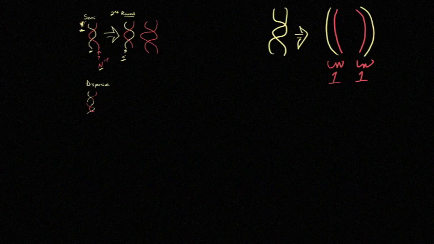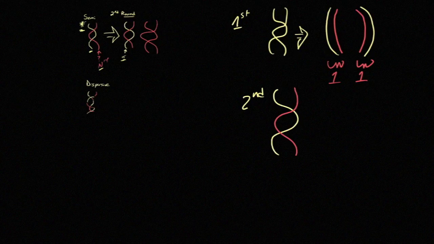You see it? Now, if you already have one, look at what happens. Pay attention. That's the first round. In the second round of replication, you start off with this. Does everybody agree with that? Okay. So now we're going to make a copy of this.